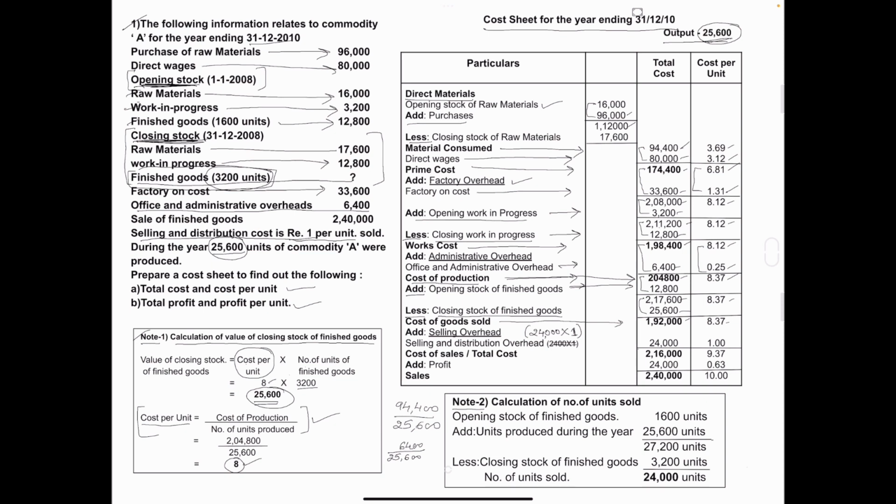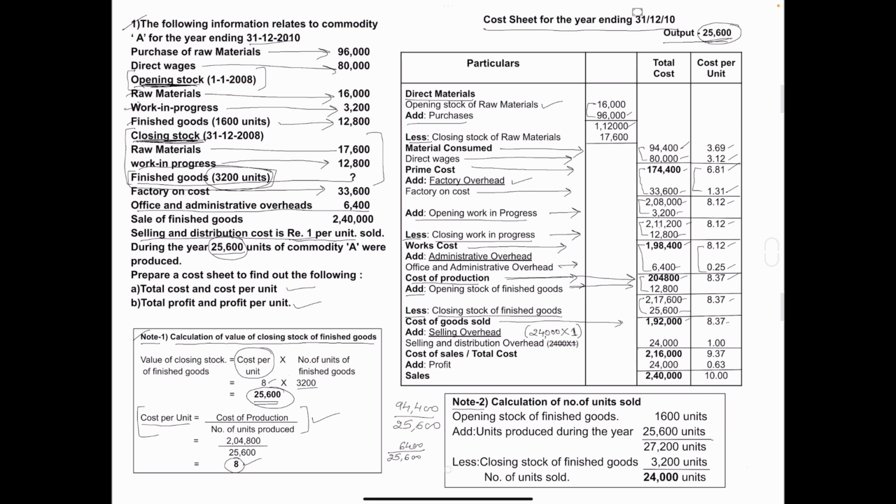From 27,200 units minus 3,200 units, the final is 24,000 units. This is the number of units sold. First we take opening stock of finished goods, then add units produced during the year, then less closing stock of finished goods, and whatever quantity we get is called number of units sold. So during this year they have sold 24,000 units.